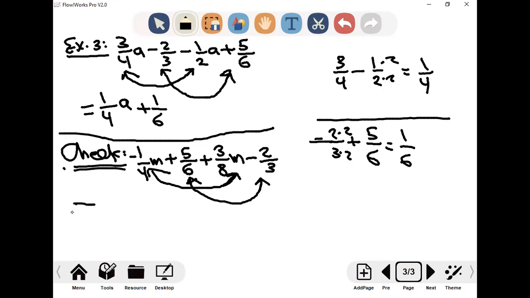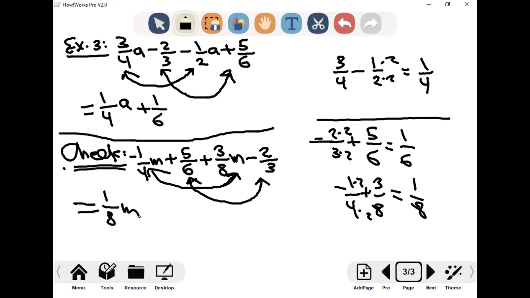So on the side I will do negative 1 over 4 plus 3 over 8, times 2, times 2. Negative 2 plus 3, 1 over 8, what? 1 over 8m.